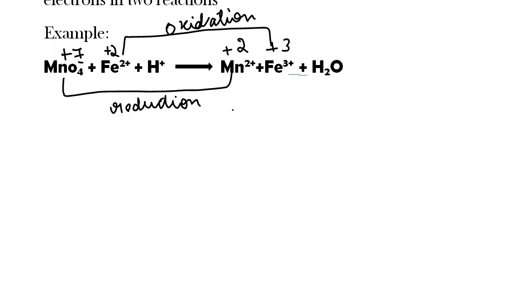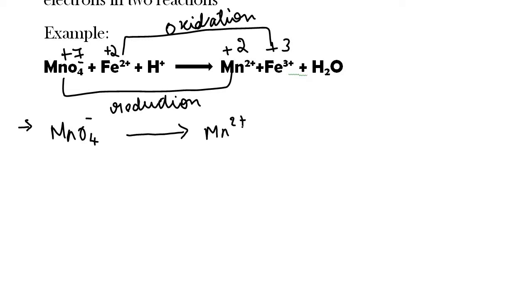Now we are dividing and writing it down here. The first step is, we write MnO4 minus gives Mn2 plus.